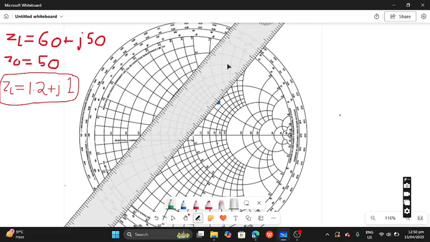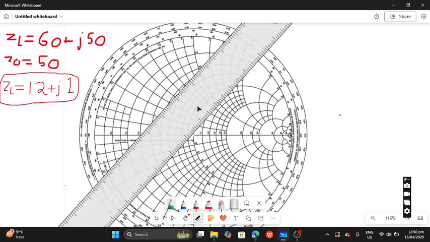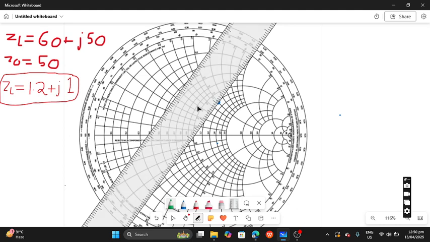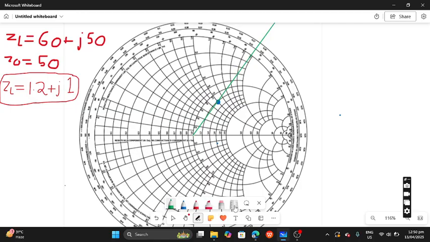I want to do precise calculation, that's why it will take some time. Now I will draw that line here from origin. Origin here is your point 1. So the line is drawn here.